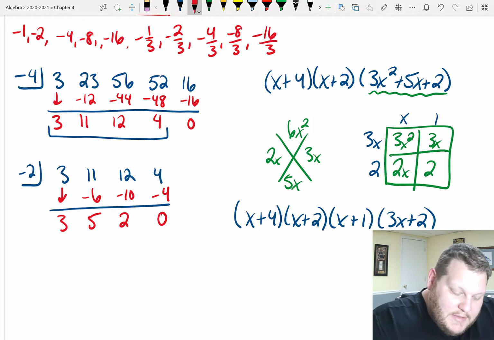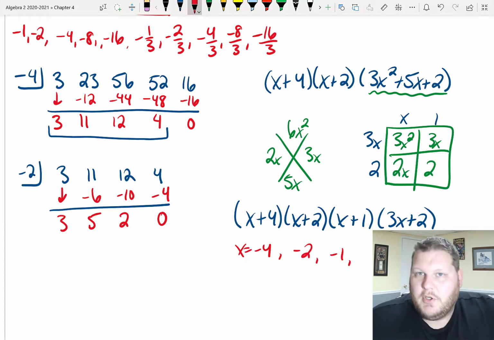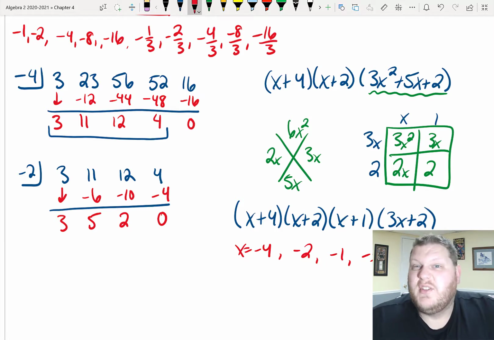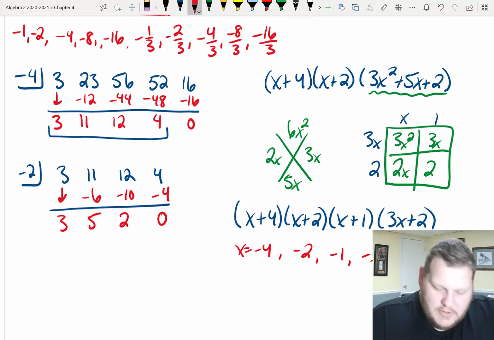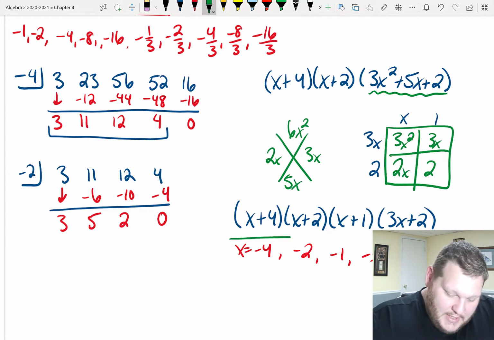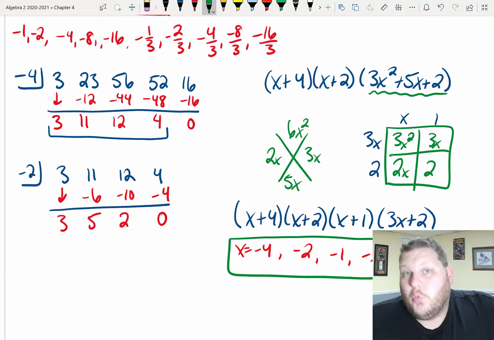If you wanted to write out the zeros, which we do need to, this would be -4, -2, -1, and then that one, I'm not going to show the work just because we're already way over time. This ends up being -2/3. I'm just setting each of those equal to 0 to get those solutions. Those are my roots. So in this case, I actually ended up having all 4 of them be negative real roots.